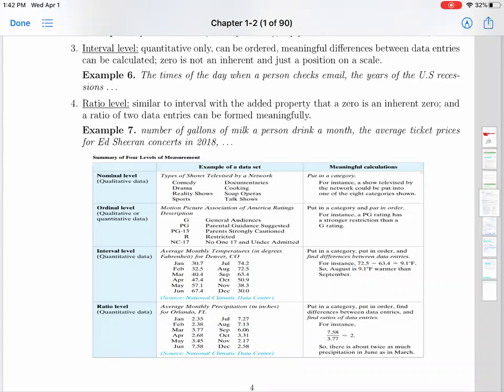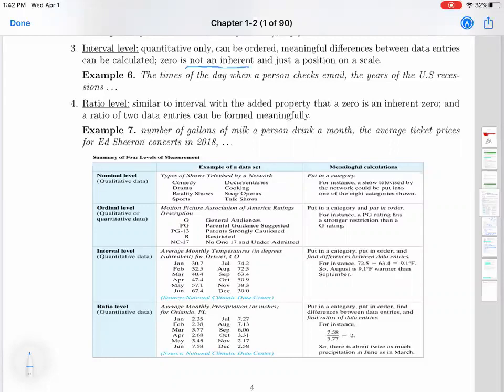One thing about this interval level is that 0 is not an inherent 0. That means 0 doesn't mean empty, it's just a position on the scale.